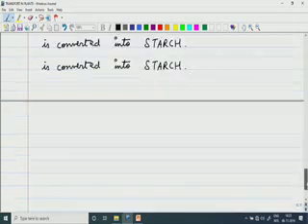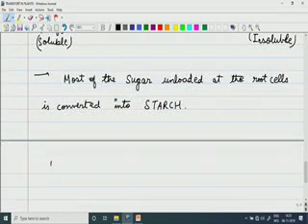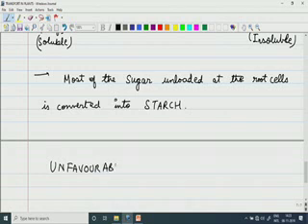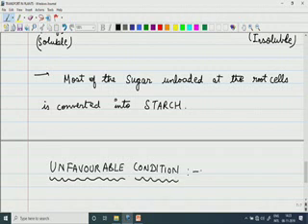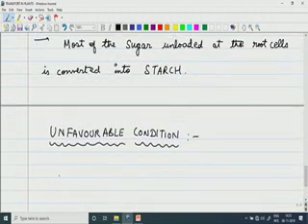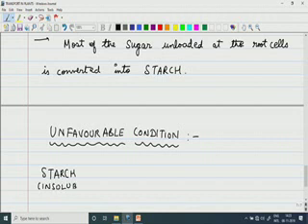Now please write unfavorable condition. During the unfavorable condition, starch, which is the insoluble form, is first converted into sucrose.